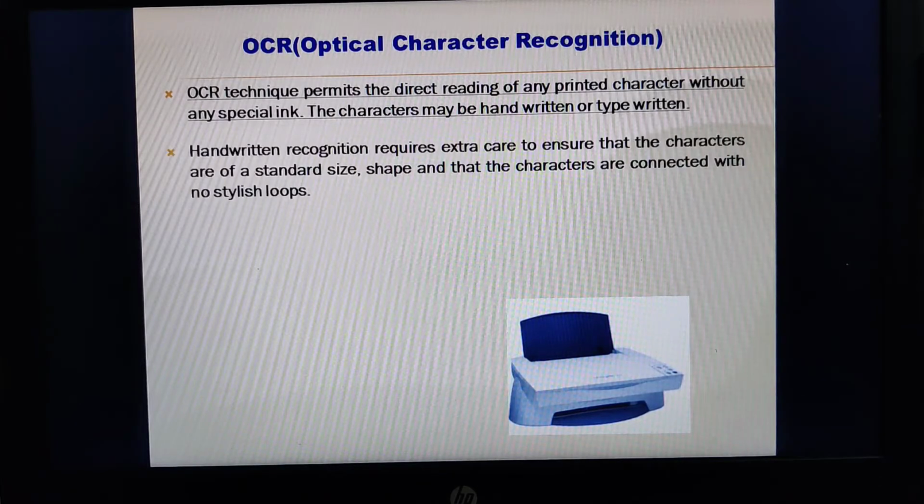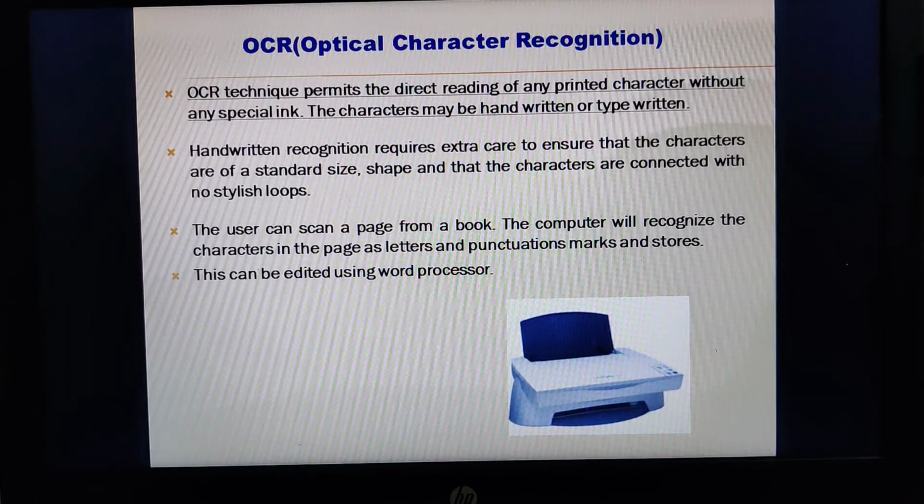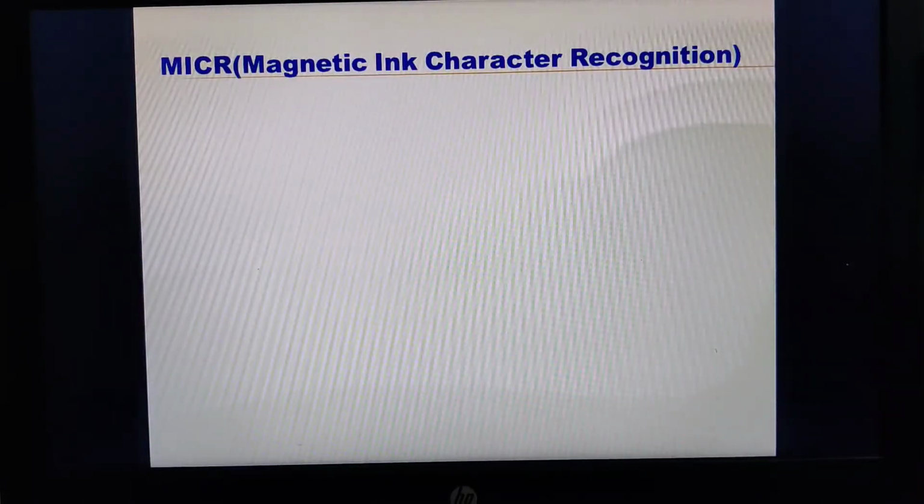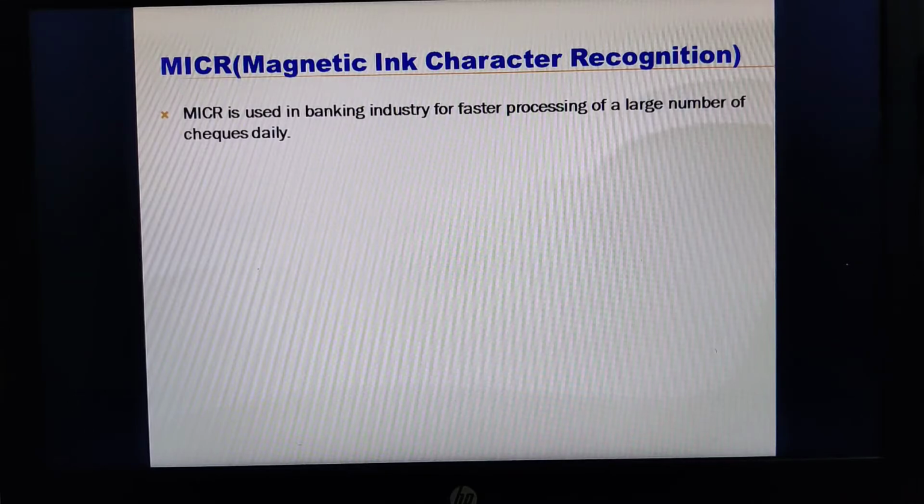Now let us discuss the next input device, that is MICR. MICR stands for magnetic ink character recognition. It is a character recognition system that uses a special kind of ink and characters.